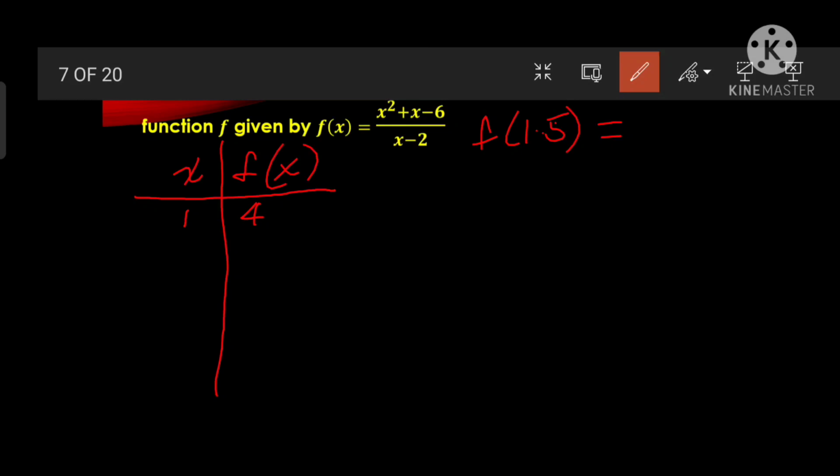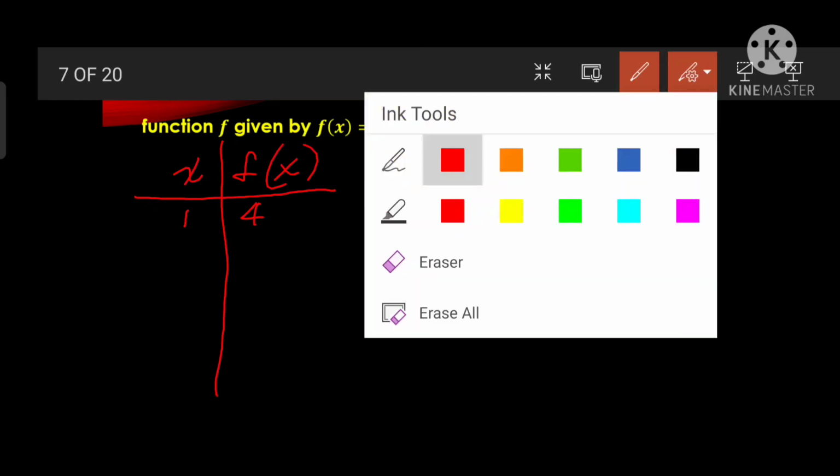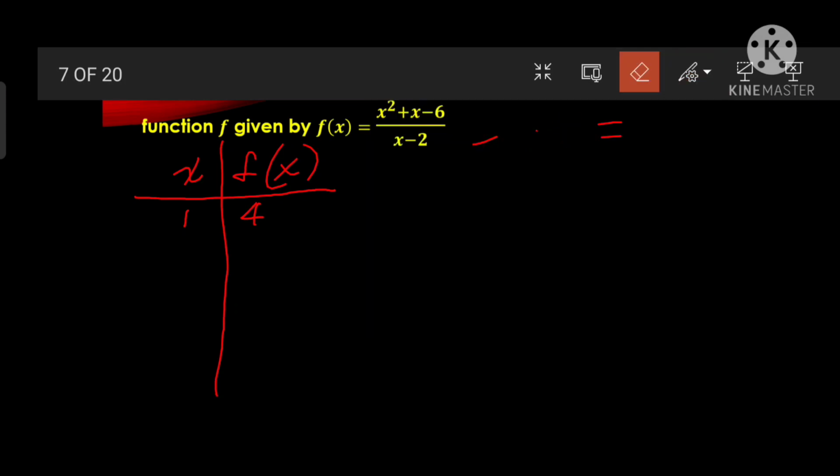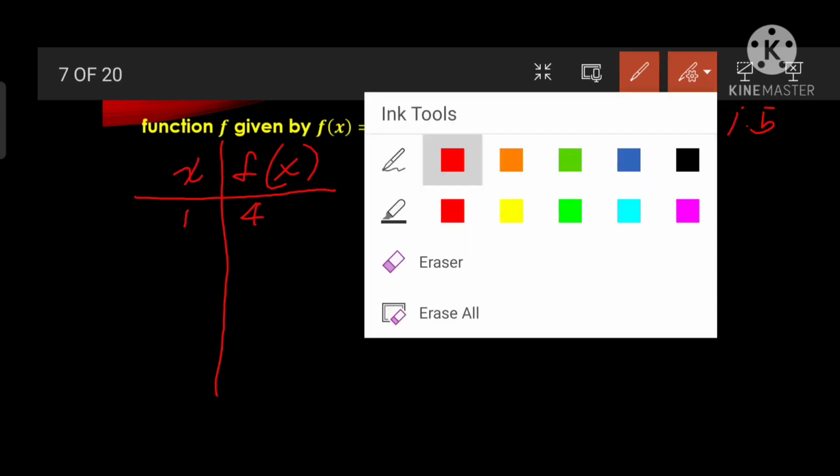So for 1.5, let me write it a little bit lower. We have f of 1.5 equals 1.5 squared plus 1.5 minus 6.